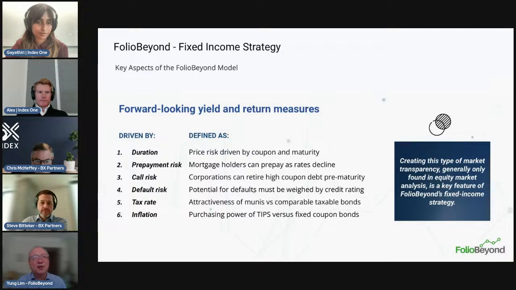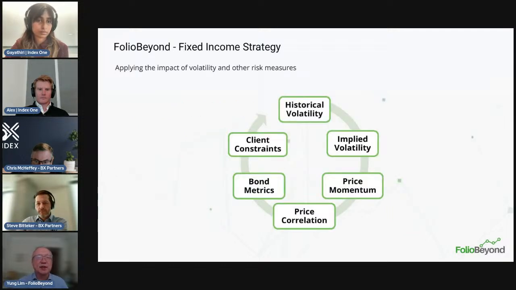So in the fixed income markets, you have to look at forward-looking yields. And very importantly, you have to price out the embedded risks, options or default risks. So in mortgage-backed securities, you have to price out the prepayment option. In high-yield bonds, you have to price out the default risk. Once you do all of that, you're going to be able to compare different fixed income sectors on an apples-to-apples basis.